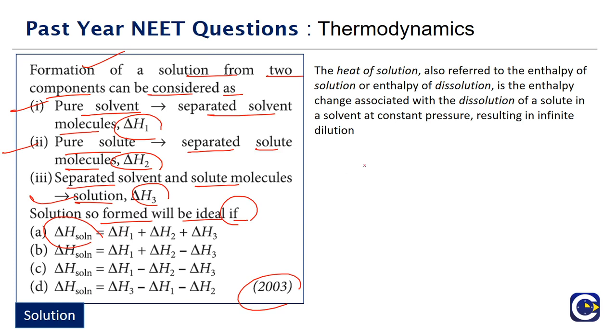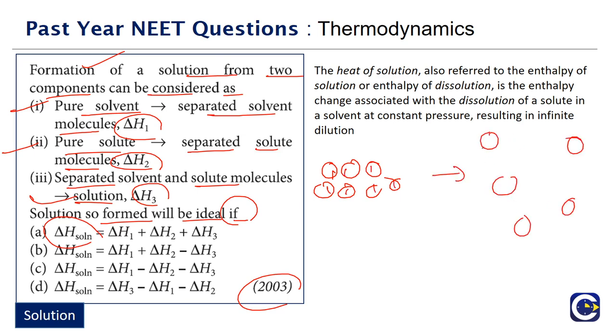Now when we consider the solution to be an ideal one, if you look at the first stage, what is the first stage? We have the solvent. So let us call the solvent as 1. So the 1 particles get separated, that is basically our delta H1. And the second step is what?